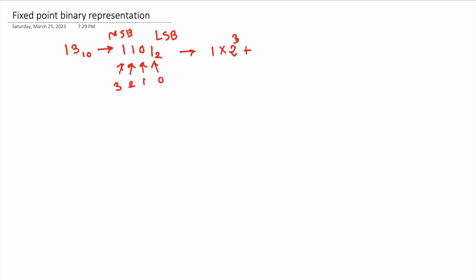So this is 1 into 2 raised to 3 plus 1 into 2 raised to 2, plus 0 into 2 raised to 1, and 1 into 2 raised to 0. If we sum them up, this is 8, this is 4, this is 0, and this is 1. So this is 13. We have verified.